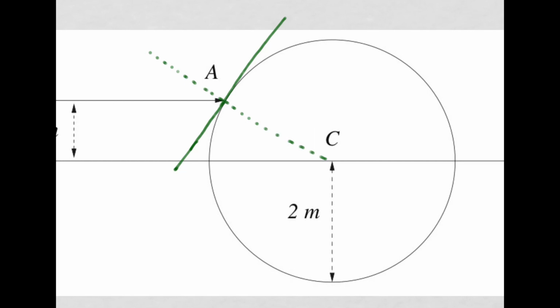Okay, so we know it's going to be refracted into the sphere. We've been told that we want it to travel at 45 degrees relative to AC, and it's going to strike with some angle theta.